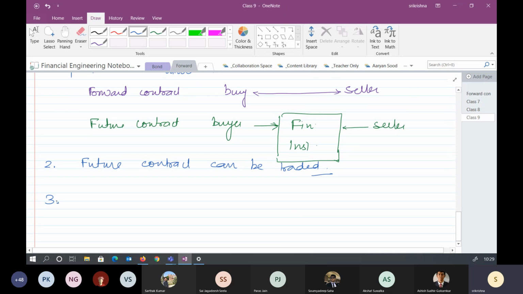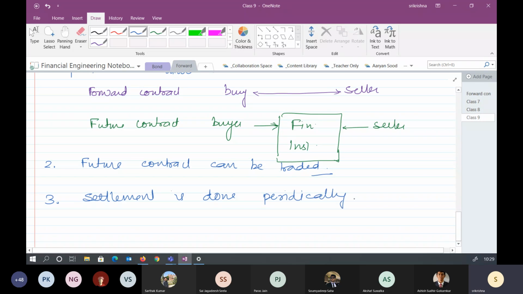Let's say you have entered into the forward contract, you sign the contract at t equal to 0. Nothing happens before the expiry. And finally, at the expiry, the buyer pays the money to the seller and the seller gives the asset. As simple as that. But in future, settlement is done periodically.